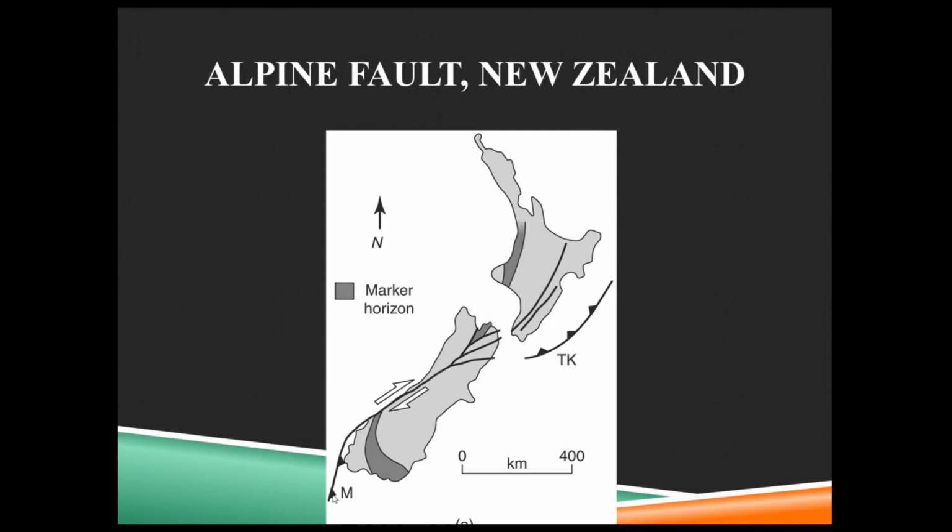And we can see that there's a subduction zone down here in the bottom left by the letter M, and a subduction zone up here to the right by the letters TK, and in between them is a transform fault section. So with that, we're seeing, again, plate boundaries with some subduction connected by transform faults.